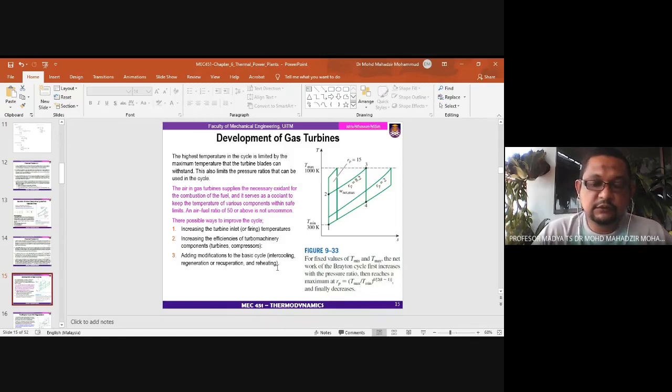Number two, you can also increase the efficiency of the turbomachinery components, the turbine and compressor. It maybe depends on the material, how you want to design that turbine and compressor to make it sustainable at a high temperature.